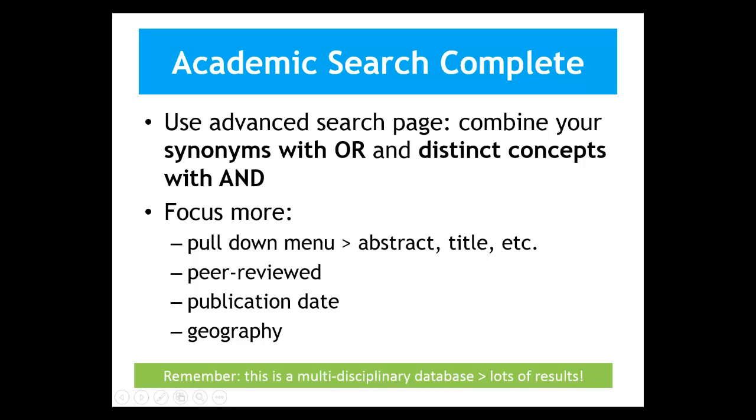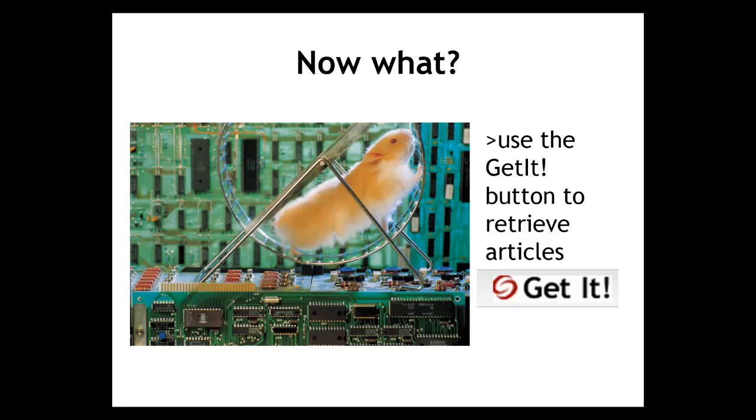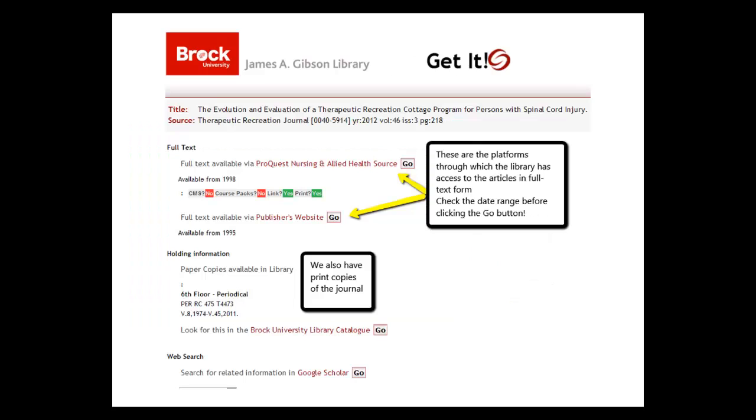So these slides just summarize what we covered with Academic Search Complete. Use the Advanced Search page and combine your concepts with or and use some of the other filters that you can use to refine your search. We walked through use of the Get It link to retrieve articles.